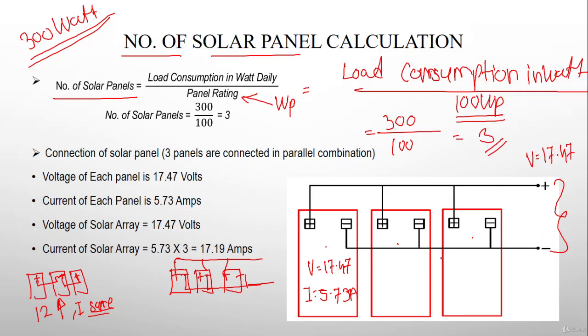But the current increases, which is 5.73 multiplied by the 3 solar panels, so we get a current of about 17.19 ampere. When we measure with the multimeter, we will find the current of the 3 panels is 17.19 ampere. Like that we can do the connections. Why we connect the panels in parallel combination will be explained in a further slide.